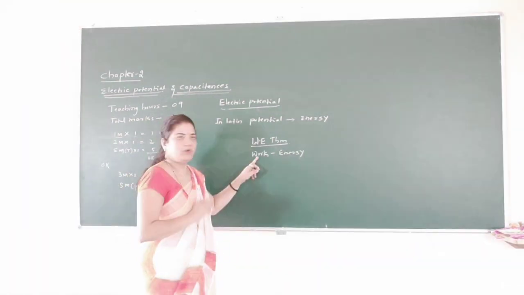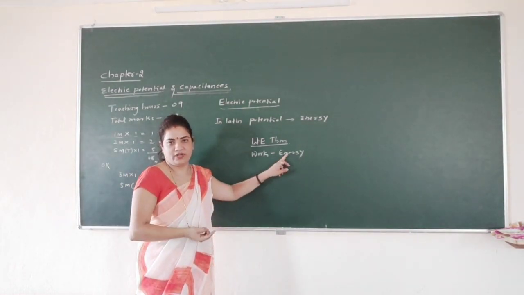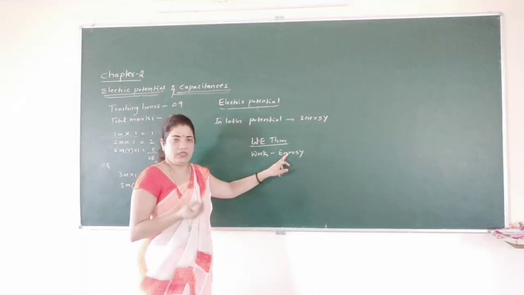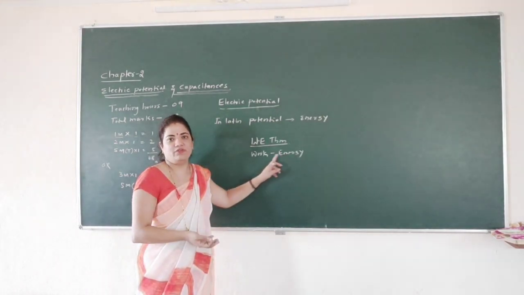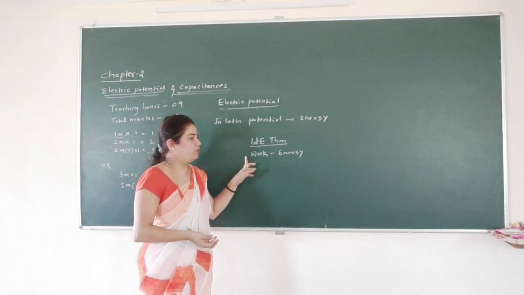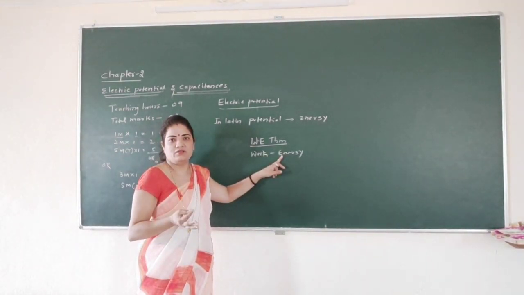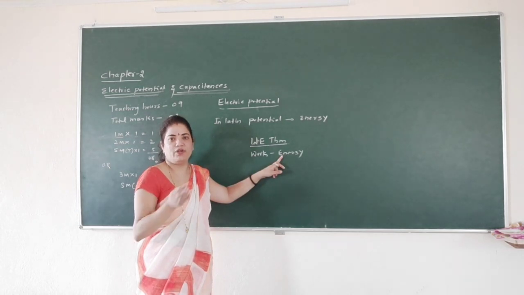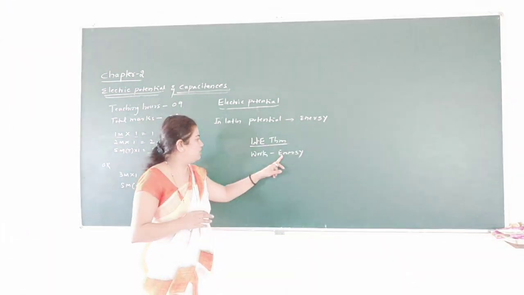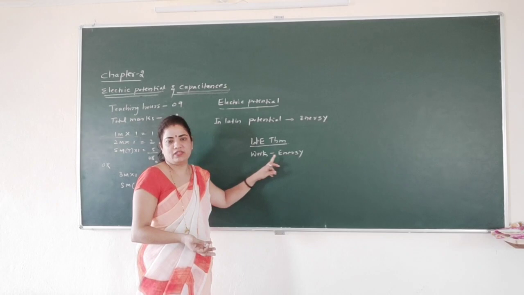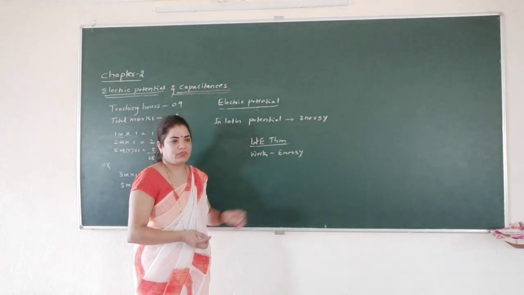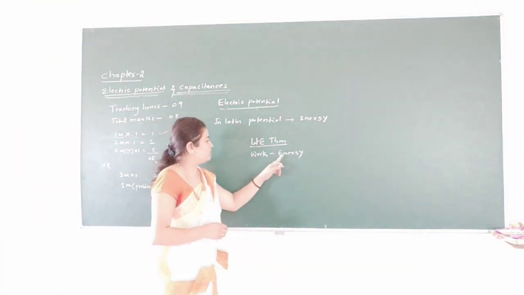If you do work, it gets converted into energy. If you have energy, then we can do work. So work and energy are not separate quantities, they depend on one another. Energy is nothing but work, work is nothing but what? Energy.